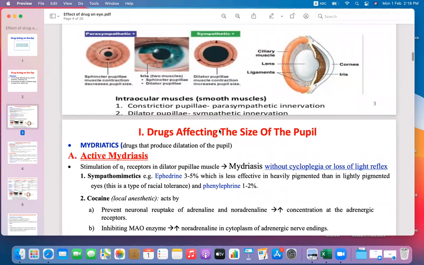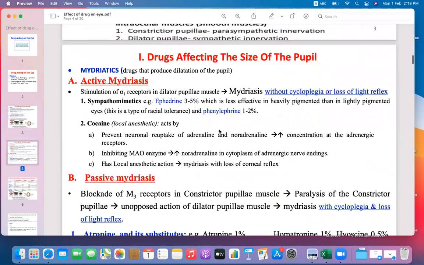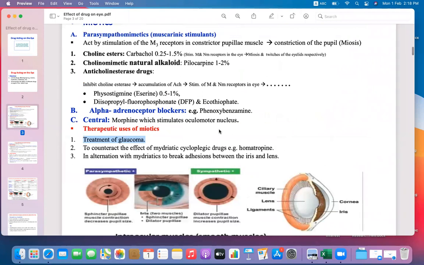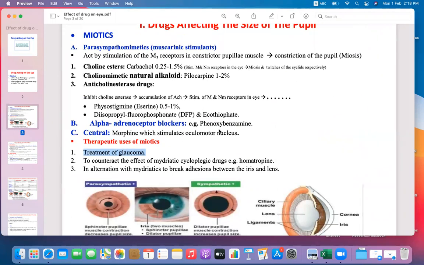Let us see the mydriatics also. So what is the summary of these miotic drugs? The drugs which cause constriction of the pupils are the parasympathomimetics, carbachol, pilocarpine, and the anticholinesterase drugs. Second category is alpha blocker, phenoxybenzamine, and third category is morphine.